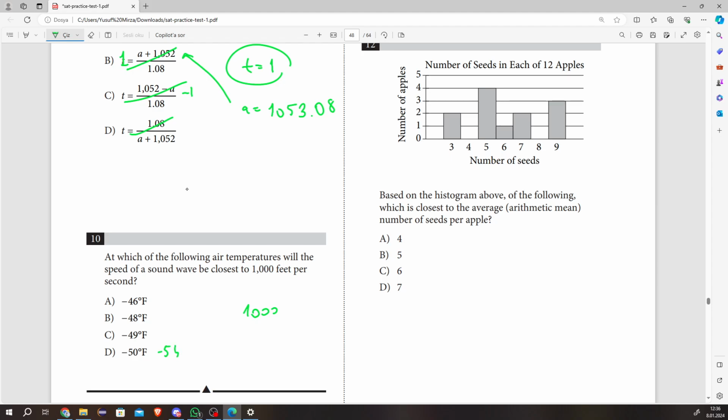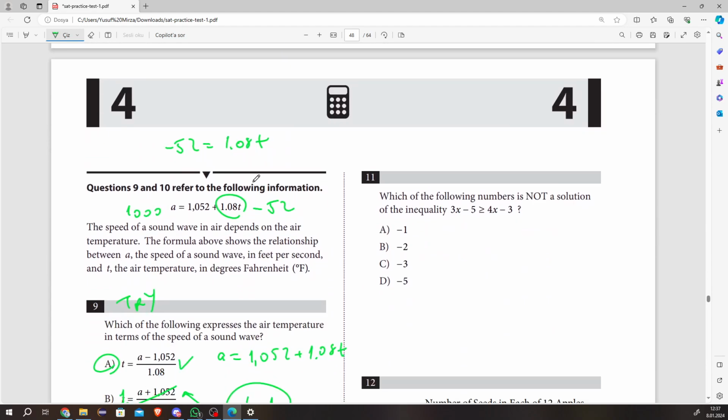Not that, we are looking for 52, and if we say it's 52.92, and if we say this is the closest answer also, it's 0.86. So the answer is here, because it's closest to this number. And you can give a simple number, or you can use a calculator too.